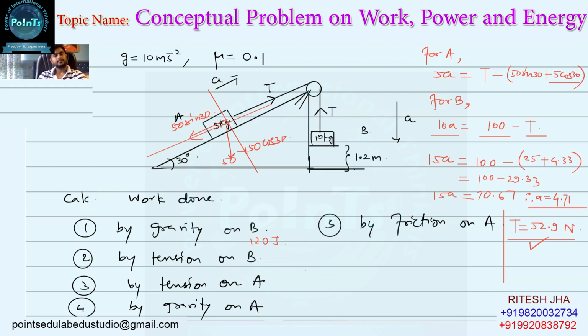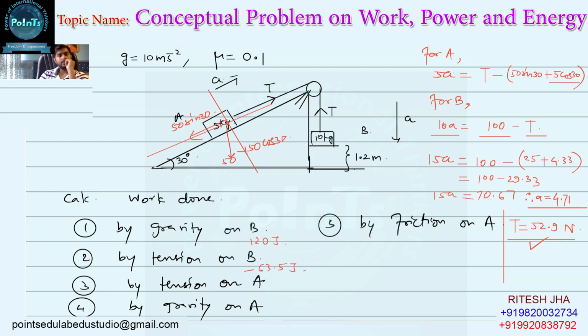It's going to be a negative amount of work, because cos theta is -1 in this case, since the difference in angle is 180 degrees. And 1.2 meters is the distance it's acting over. So it's just -52.9 times 1.2, so minus 63.5 joule.